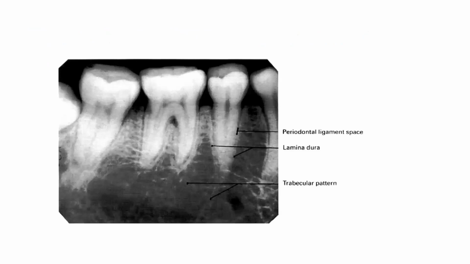Here we have another image identifying some of the basic anatomy that we should know, and we will go through these as we go along. We know there's the periodontal ligament space, which is between the bone and the tooth.